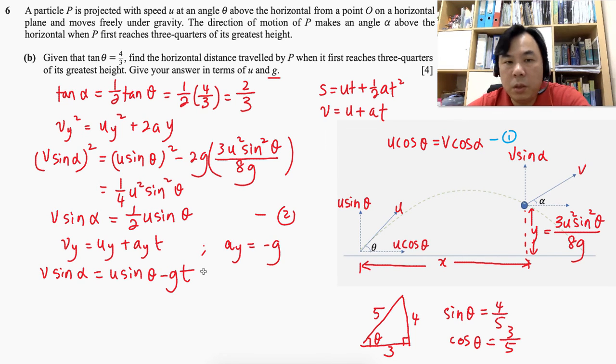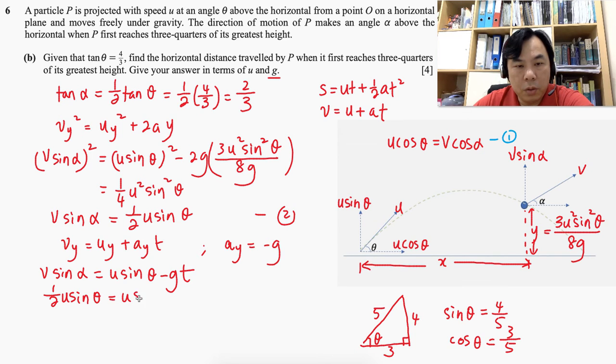The purpose of this is to find out how long it takes to reach 3/4 of the height here. Now we know that v sine alpha is actually given by half u sine theta. So half u sine theta is equal to u sine theta minus g t. So from here, we should be able to figure out the time. How long does it take to reach the 3/4 height here?